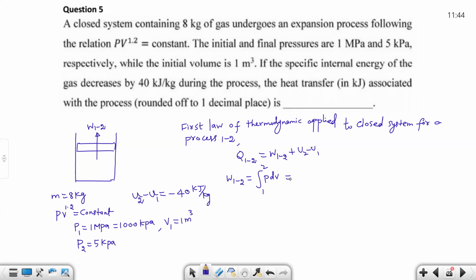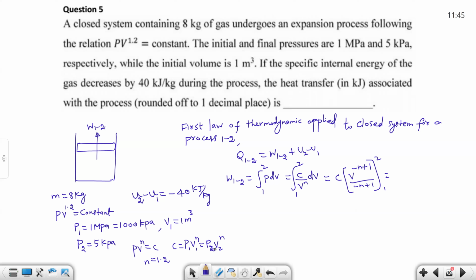The process is given, so we take PV power n equal to constant, where n is 1.2. Substituting, it is the integral from 1 to 2 of C by V power n dV. C is constant, giving V power minus n plus 1. Substituting limits 1 to 2, C equals P1 V1 power n or P2 V2 power n, so you can write it in any way.